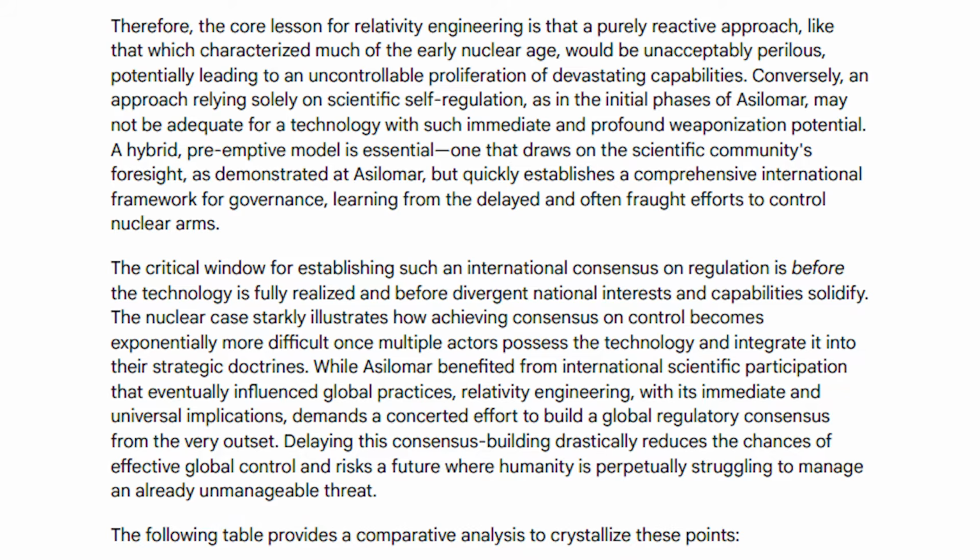While Aslamar benefited from international scientific participation that eventually influenced global practices, relativity engineering, with its immediate and universal implications, demands a concerted effort to build a global regulatory consensus from the very outset. Delaying this consensus building drastically reduces the chances of effective global control and risks a future where humanity is perpetually struggling to manage an already unmanageable threat. The following table provides a comparative analysis to crystallize these points.